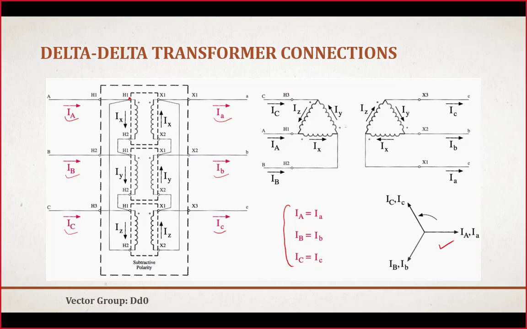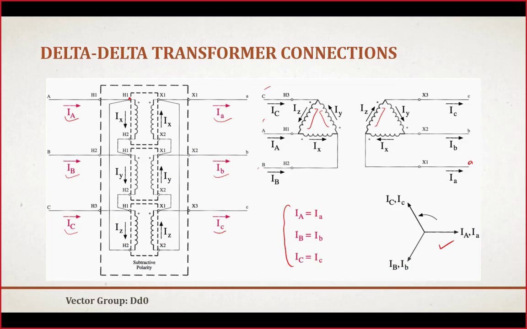Now if we look at the orientation, here the sequence of phases is CAB. On the other hand, we are getting A, B, C. The top one is C. So that is assigned according to the position of these windings, because this one is in parallel with this one.